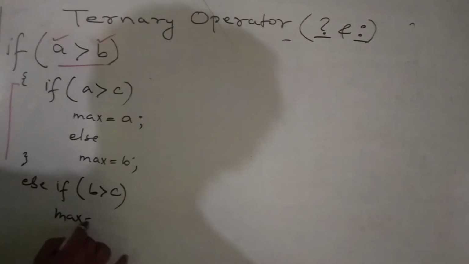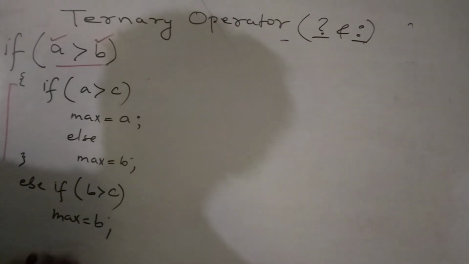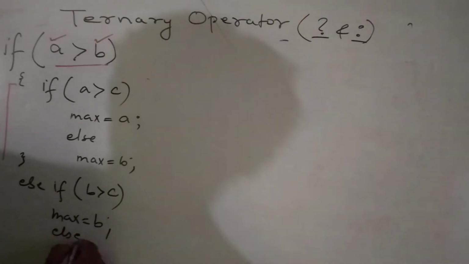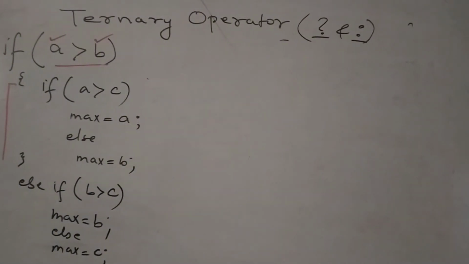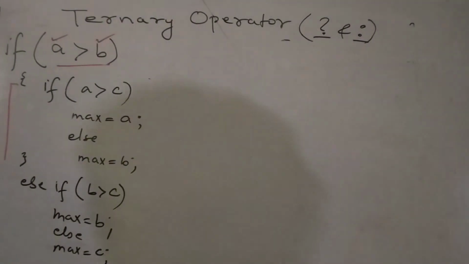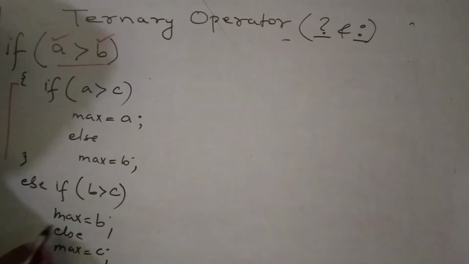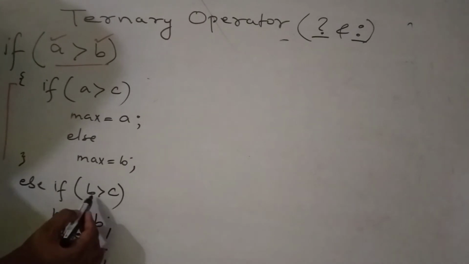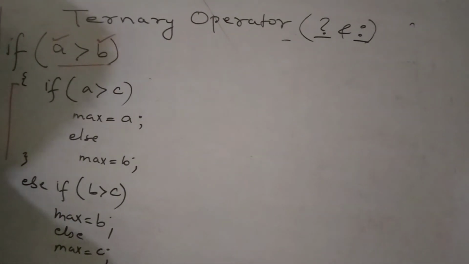Max is equals to B, else max equals to C. Clear? Is it visible? Yes. Okay, fine. So else if B is greater than C, our maximum will be B, or if C is greater, then it will move to the else part, max is equals to C.